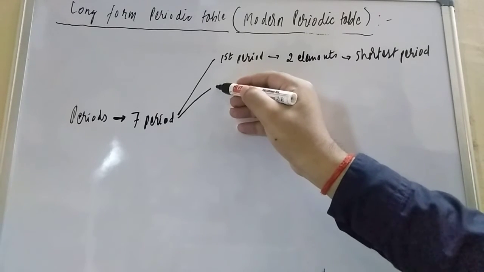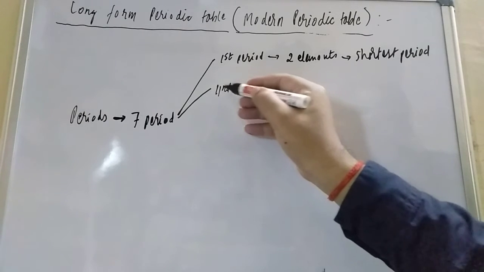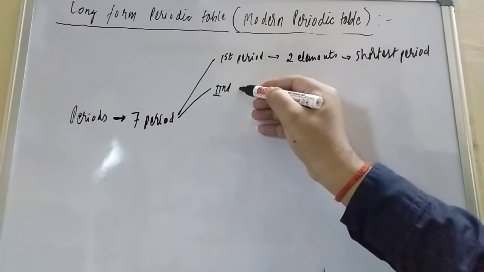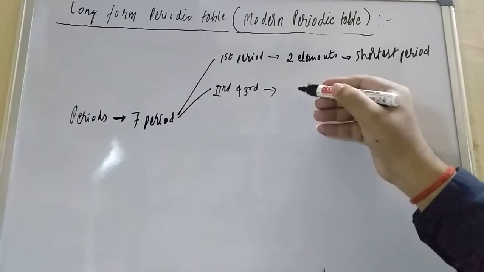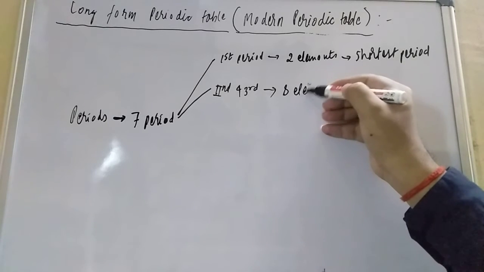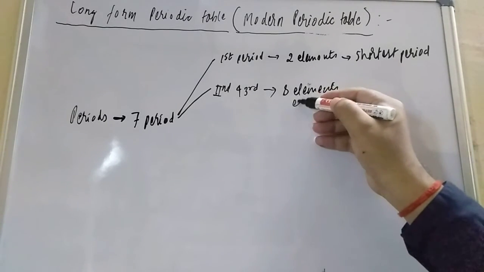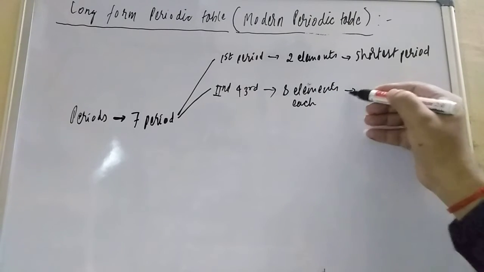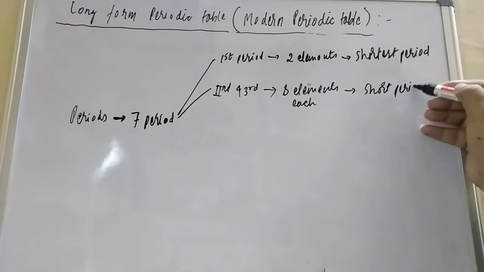If you talk about the second and third periods, each period has 8 elements. 8 elements each. So this is also known as a short period. Why, student?